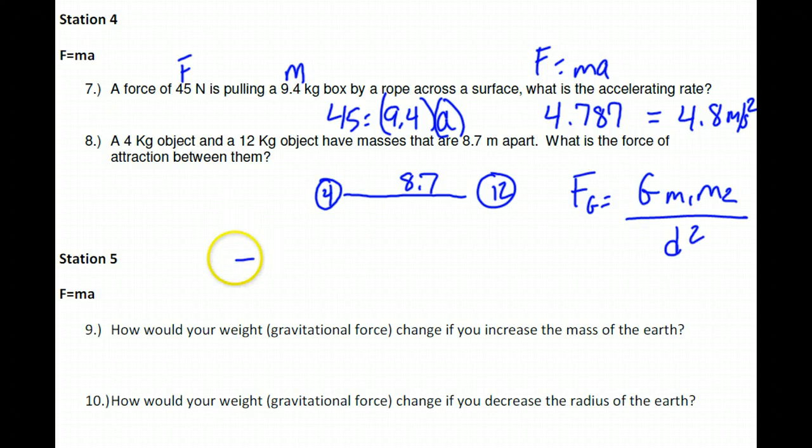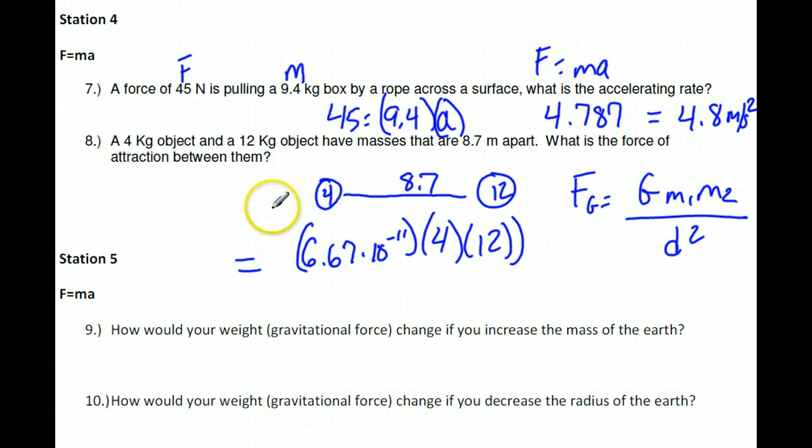So that is going to be 6.67 times 10 to the minus 11th times 4 times 12, put that in the double parentheses, right? And then divide that by 8.7 squared.